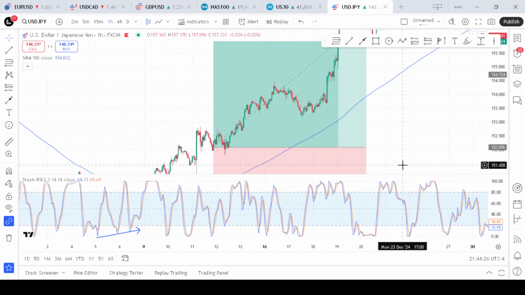By combining the stochastic RSI indicator with proper market structure analysis and risk management, you have a comprehensive trading strategy that can help you identify high probability trading setups and opportunities across market conditions.